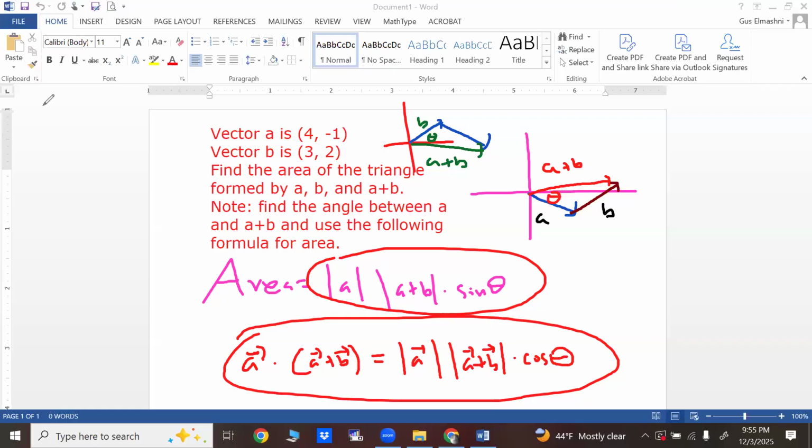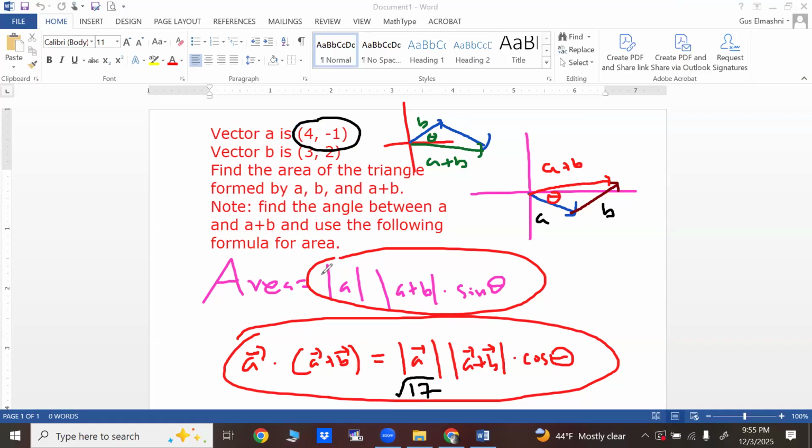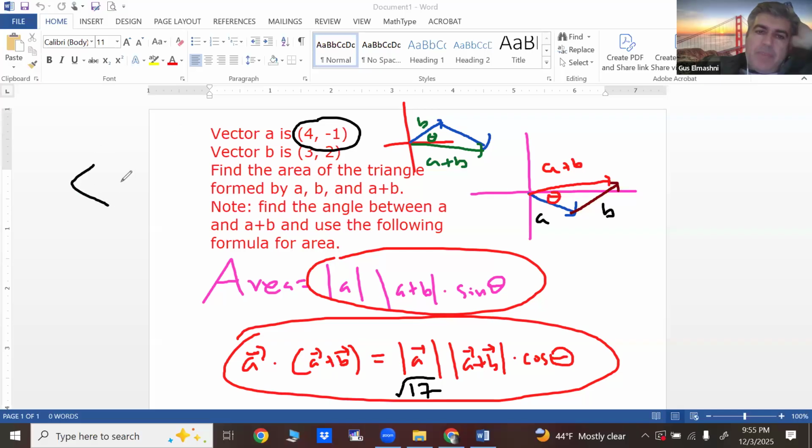Wait, how do you find the angle? I don't understand how that equation finds you the angle. Well, think about it. What's the magnitude of vector A? Root 17. Correct. What's A plus B? Vector A plus B is 7, 1, just going 7 right, 1 up. What's that magnitude?